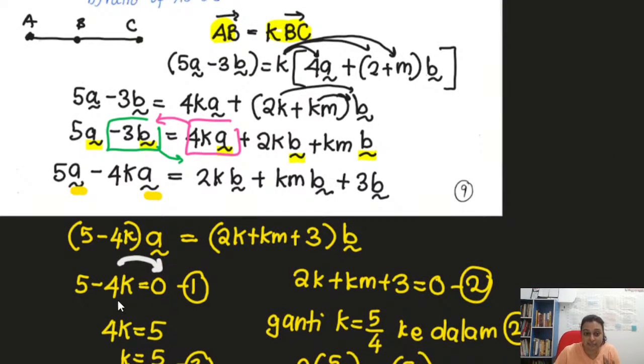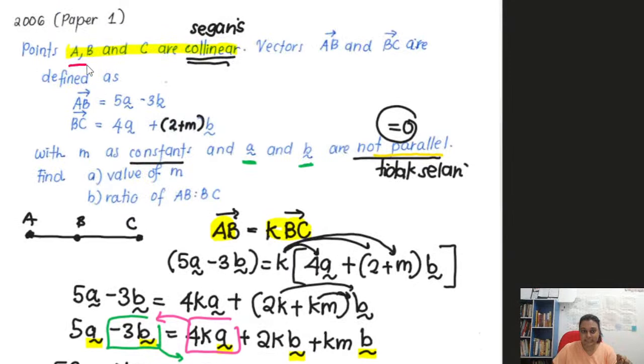That's why we take the vector and we make it 0. You must understand the difference of the concept here. The question sometimes tries to make you feel confused, but you must be alert, because of these letters.